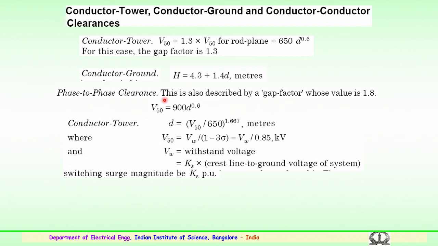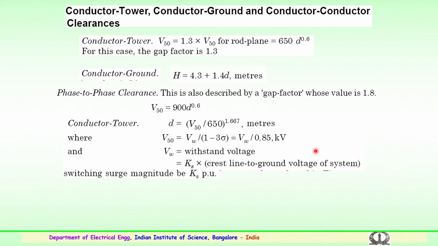For phase to phase clearances, that is one phase conductor to the other, three conductors in a single circuit or six conductors in a double circuit and so on, this is also described by a gap factor, whose value is 1.8. So, V50 is 900 D to the power of 0.6.